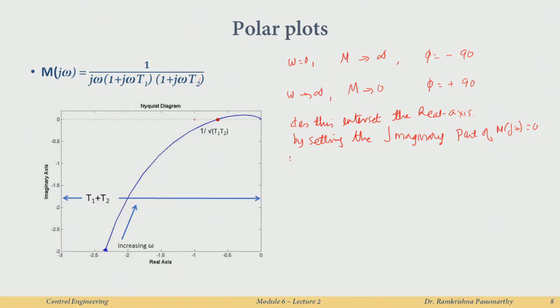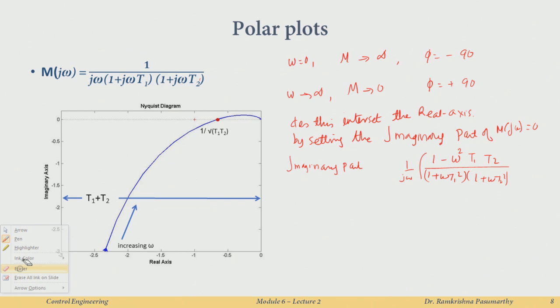How does the imaginary part look? This imaginary part is just the real part of the previous one, 1 minus omega square T1 T2 divided by 1 plus omega T1 square, 1 plus omega T2 square, and I just do a 1 over j omega. I get rid of the j from the denominator and have a j in the numerator with a minus sign.